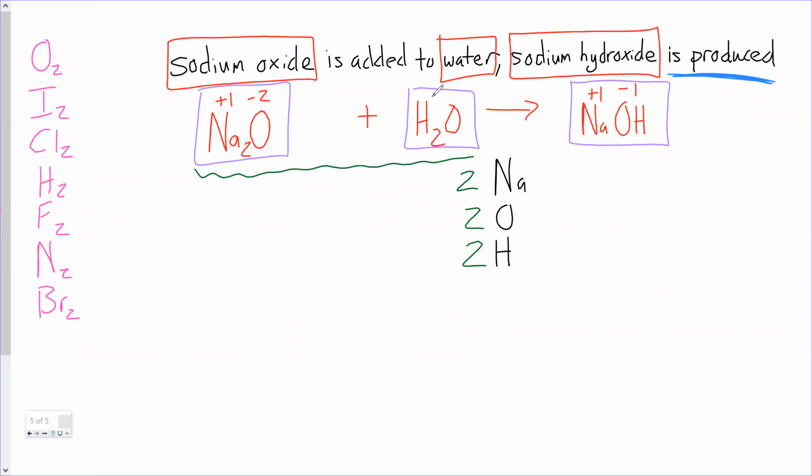And then Jessica, can you count for me everything on the right? I just want to know how many of these I have on the right. I need a number for each of these.